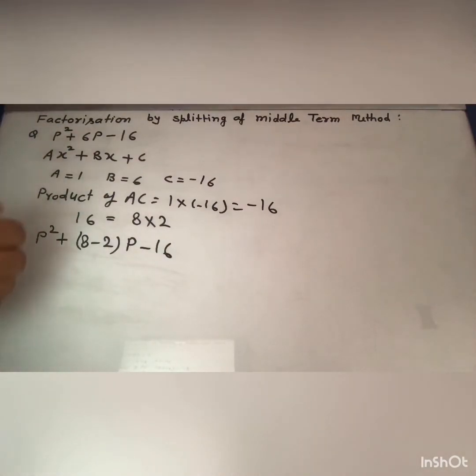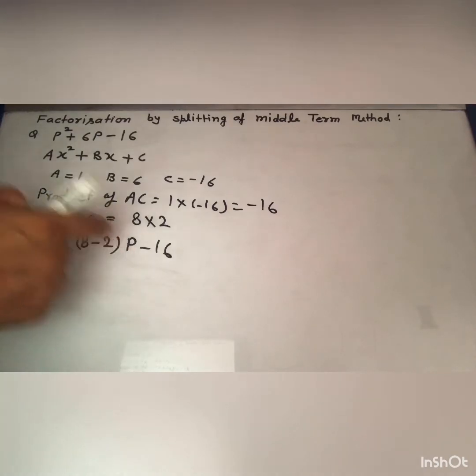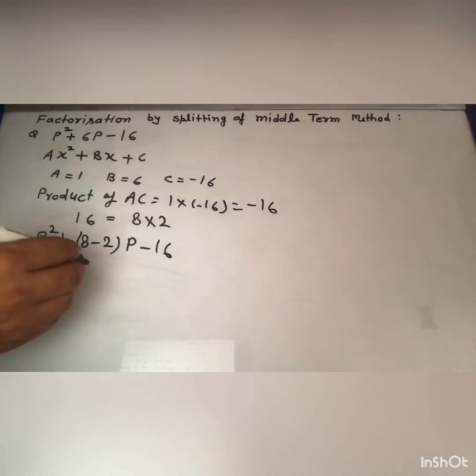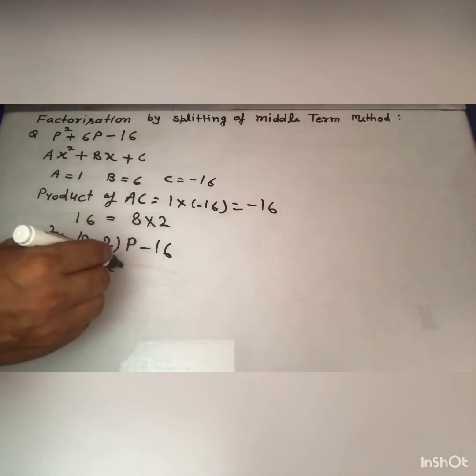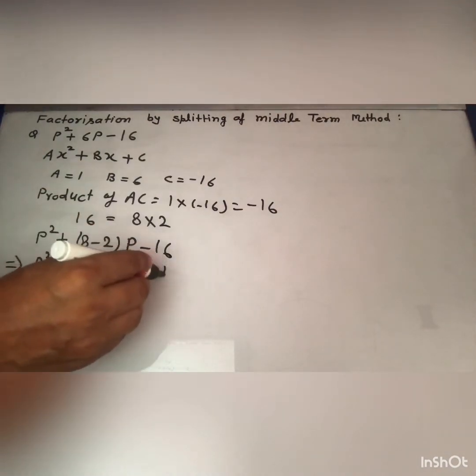Now in the next step you operate this bracket, that is p plus 8 into p, that is 8p, and minus 2 into p, that is minus 2p, and minus 16.